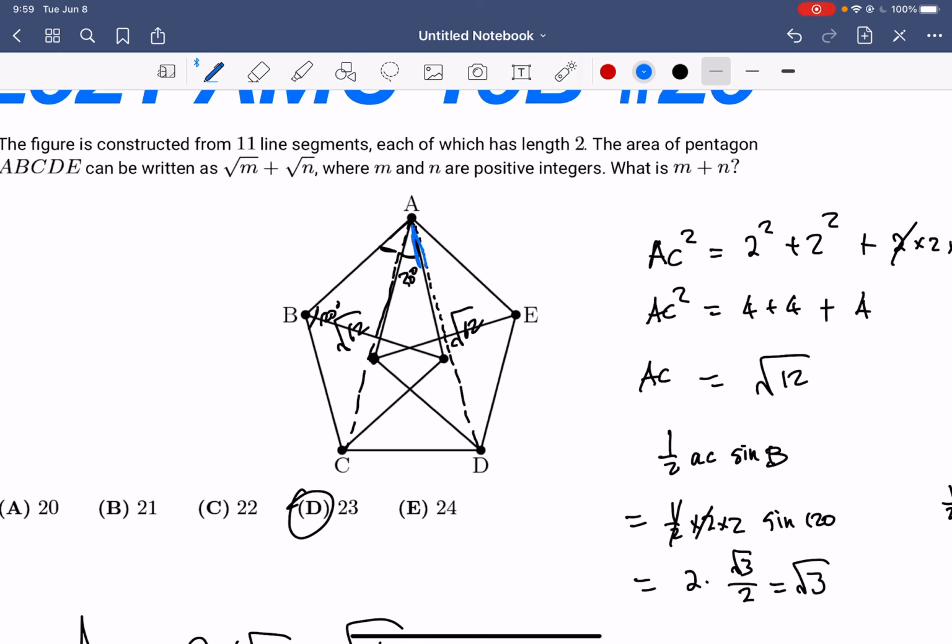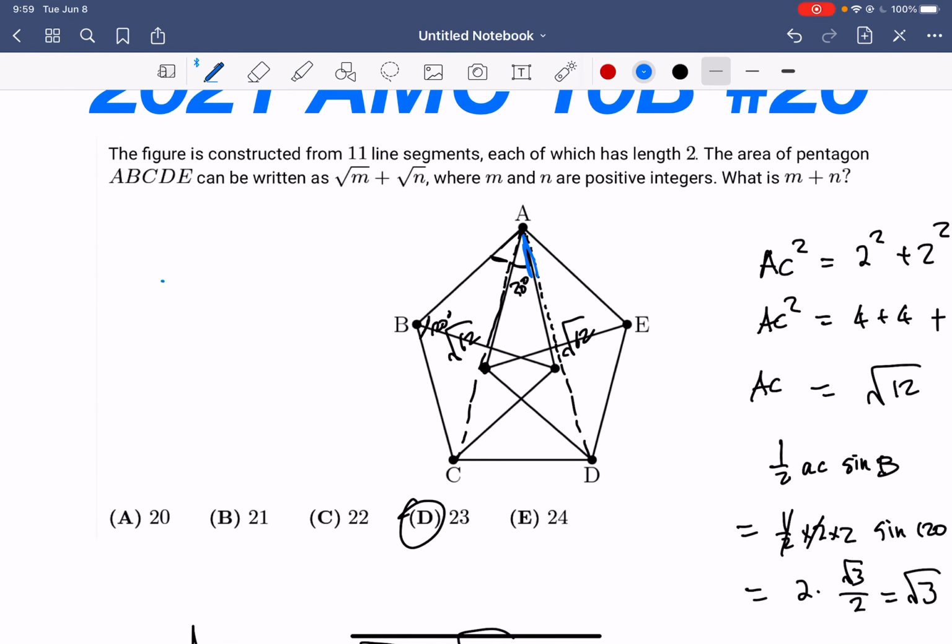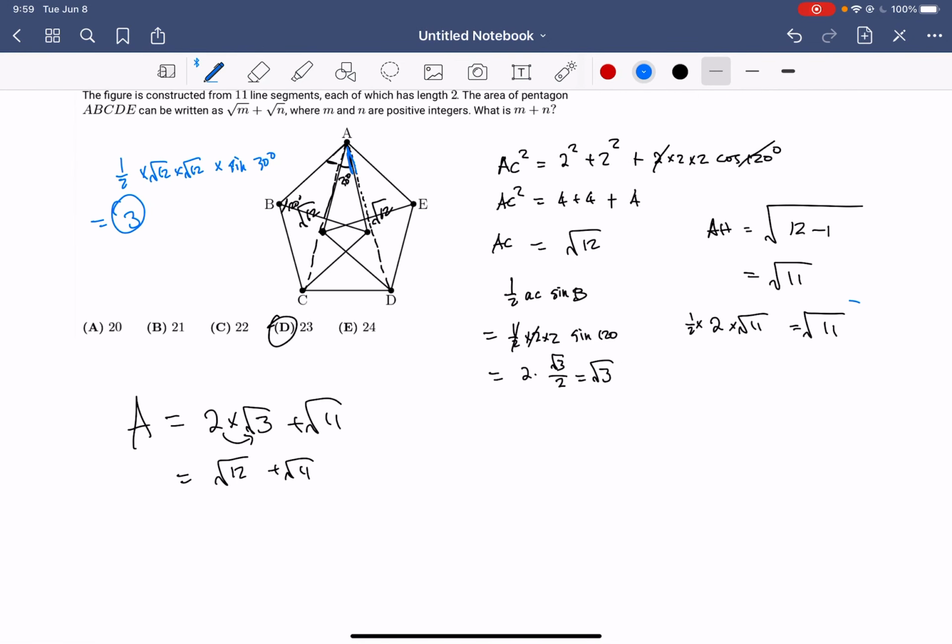Let's see what we would get if we assumed it to be 30 degrees. We would get 1/2 times root 12 times root 12 times sine 30 degrees. Sine 30 degrees is 1/2, which would give us just 3, as opposed to the actual square root of 11, and that is not what we want.